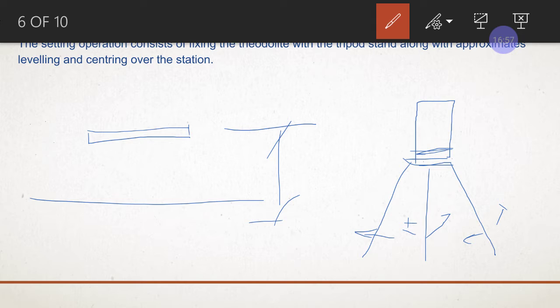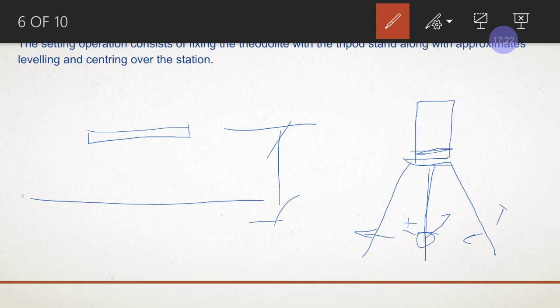Next is, looking at the station point, you have to make the center of the tripod be over the station point, such that it might not be exactly over the station point, but approximately.